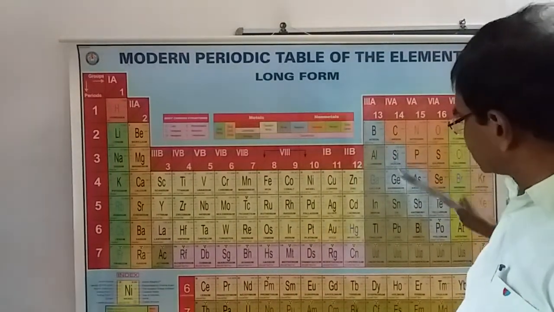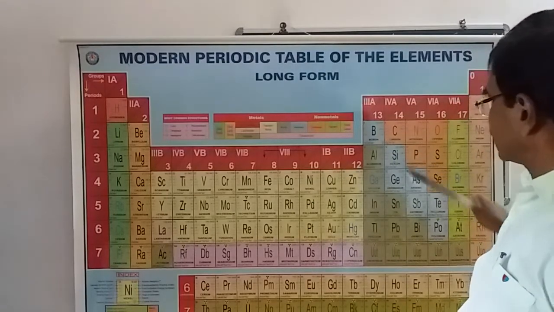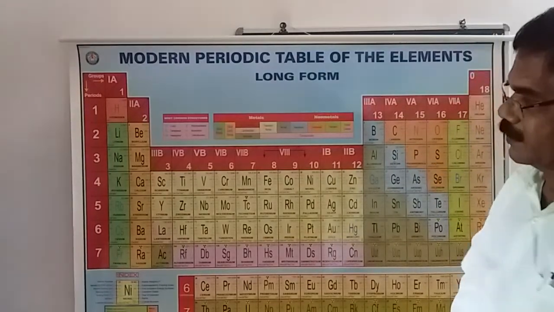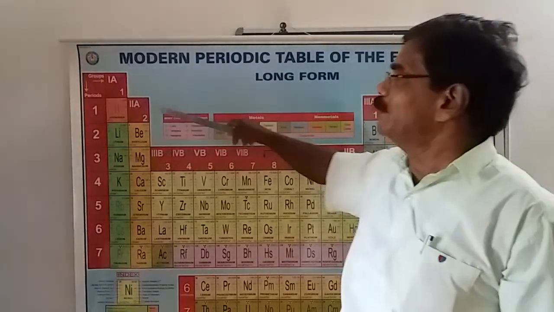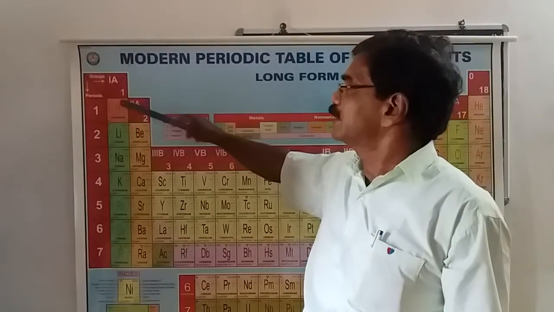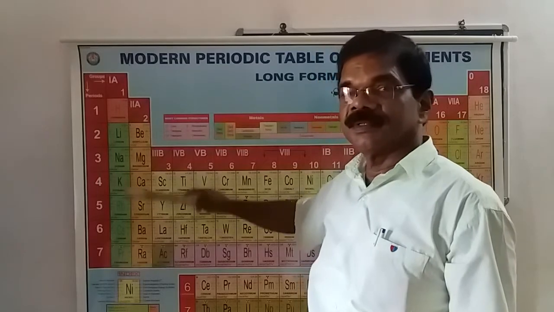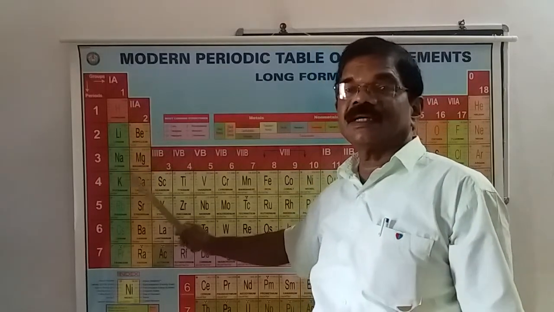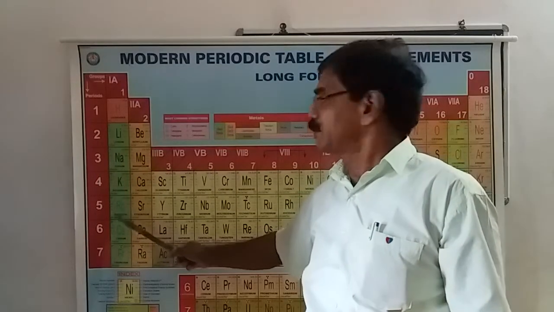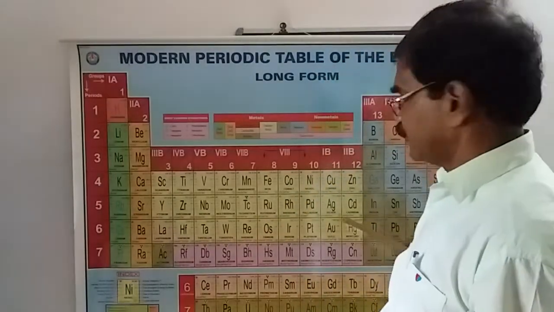In between metals and non-metals, there are metalloids. Then, how does the metallic character vary from top to bottom, and similarly, how does it vary in a period?